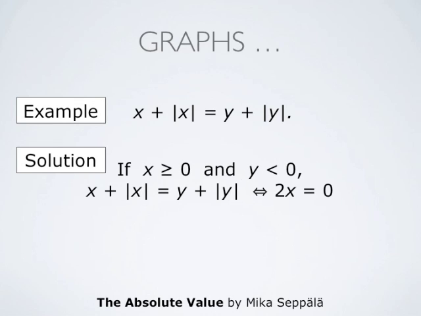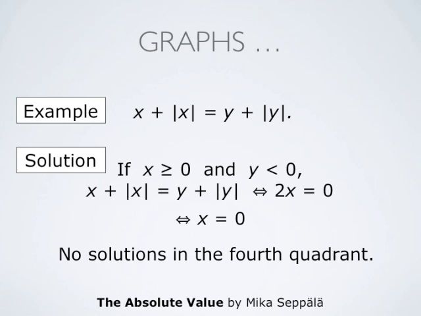In the fourth quadrant, x is greater than or equal to 0 and y is less than 0. Then the absolute value of x is x itself, and the absolute value of y is negative of y. This means y plus the absolute value of y is 0, and the equation reduces to 2 times x equals 0. The solution to this equation is x equals 0, and therefore there are no solutions in the fourth quadrant.